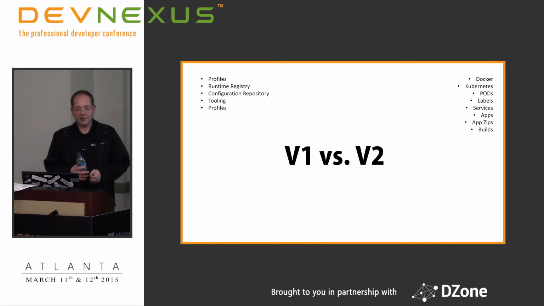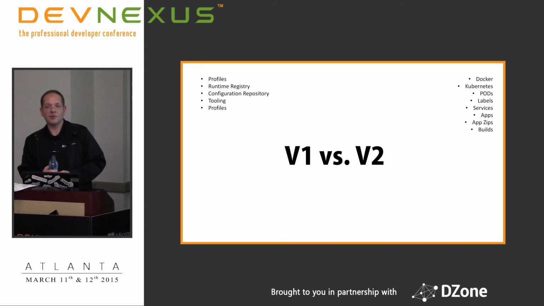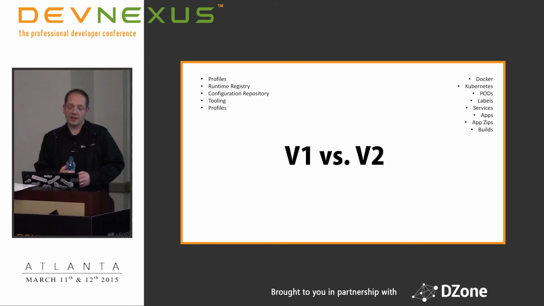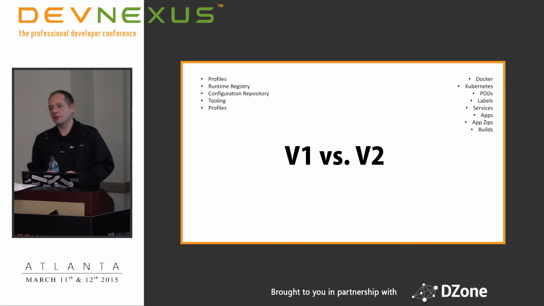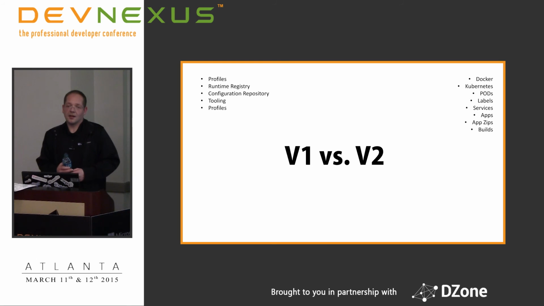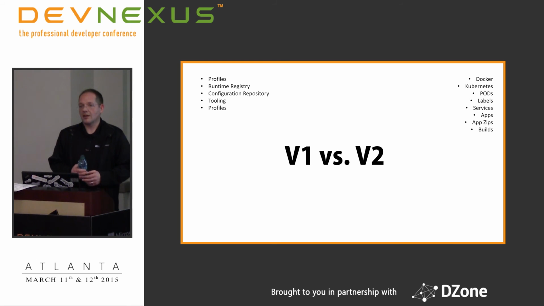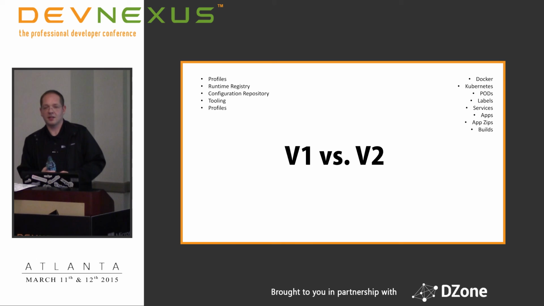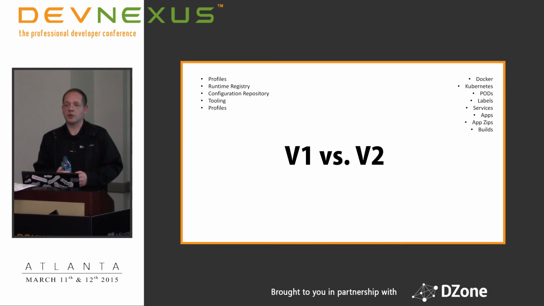So what we have as of today is basically the V1 versus V2 battle. We started out with something innovative, which has Maven-based profiles, and we're moving over to all the fancy buzzwords, like Docker and Kubernetes, and we're actually using the same packaging mechanisms that Docker and Kubernetes propose for packaging applications, which are application zips, right?